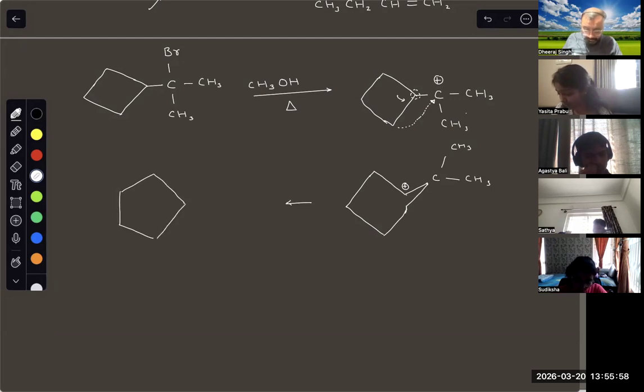Has anybody tried this ring expansion? You guessed it correct, anybody? That's okay. This is positive charge. Now, can this carbocation become more stable? Is it possible to get a 3-degree carbocation from here?